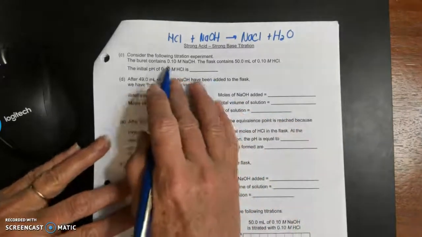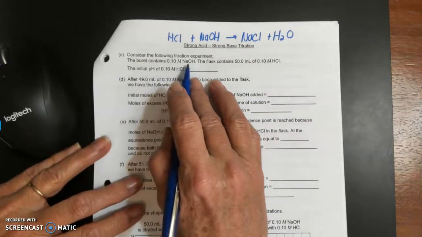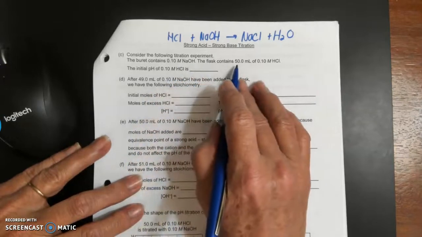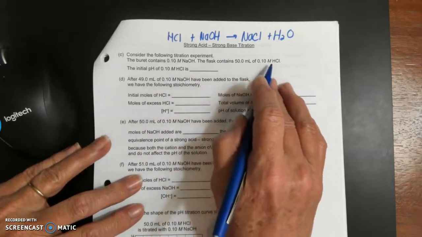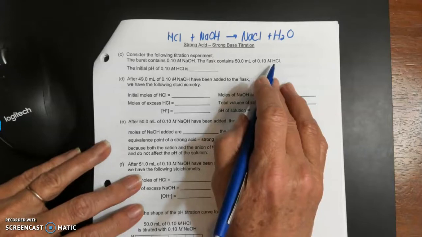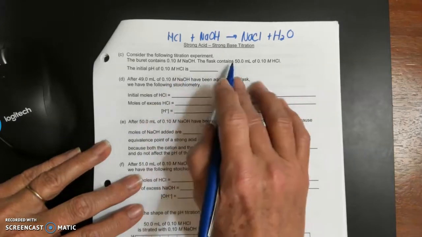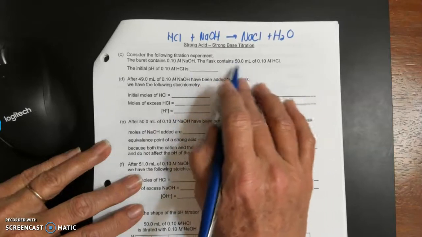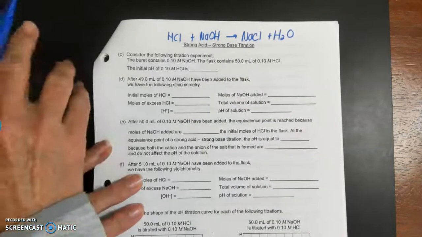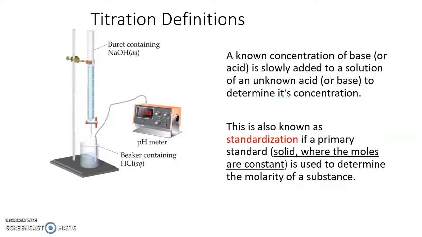Now, in this case, I've got a burette with 0.1 molar sodium hydroxide. The flask contains 50 milliliters of a 0.1 molar HCl solution. And so what is the initial pH of my flask? What is the pH in this container? So basically I've got the HCl here and the sodium hydroxide here, and I'm going to mix the two together.